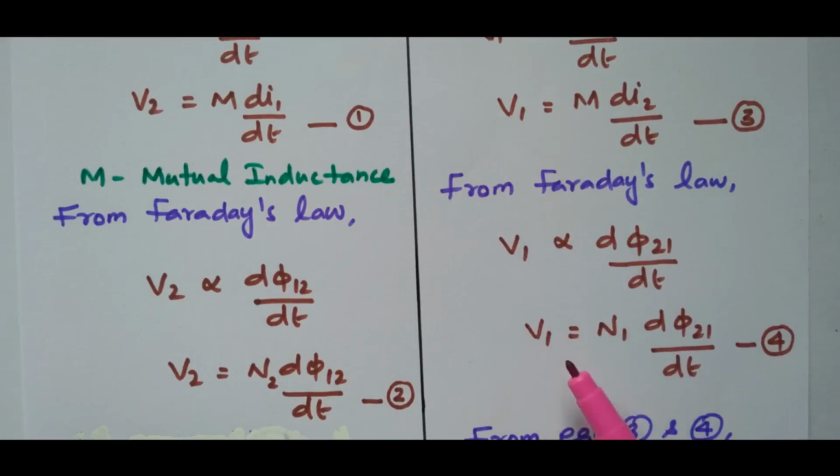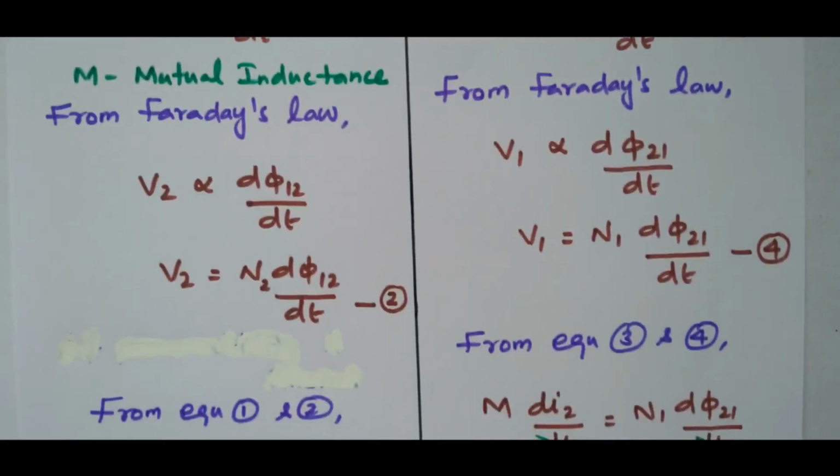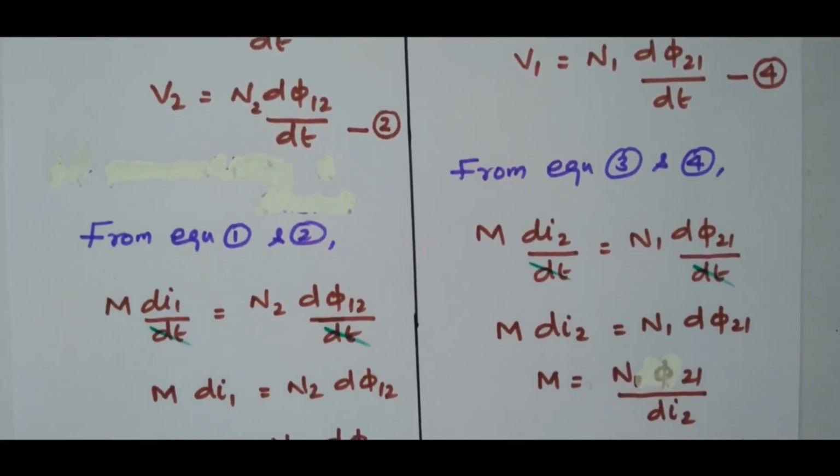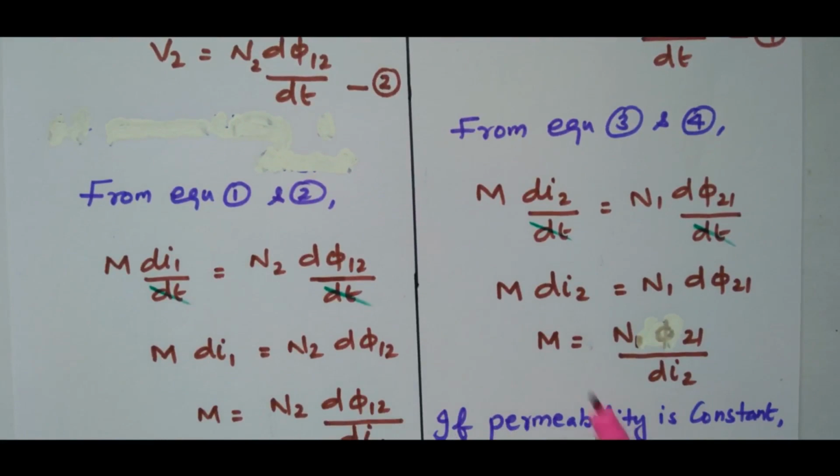The left-hand side is equal, so we can equate the terms on the right-hand side. From equations 3 and 4, M dI2 divided by dt equals N1 dφ21 divided by dt. So dt got cancelled. M dI2 equals N1 dφ21. From that, M equals N1 dφ21 divided by dI2.